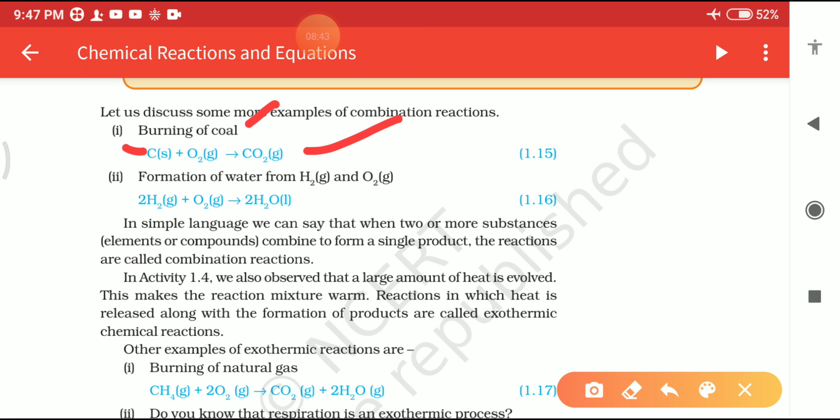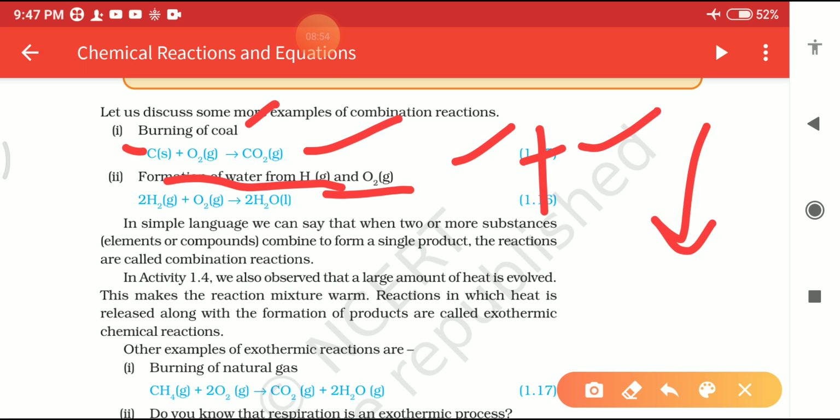Now students, here is the formation of water. You know, in the combination reaction, when two substances combine together, they form a new product. In water, two elements are present. One is hydrogen and another is oxygen. Hydrogen is a gas. Oxygen is also a gas. When hydrogen and oxygen combine together, it will give rise to what, students?